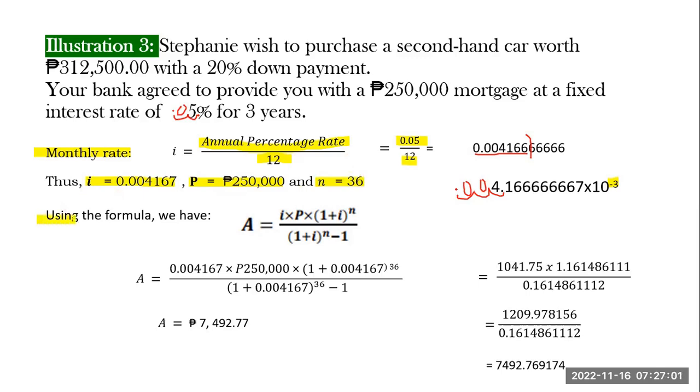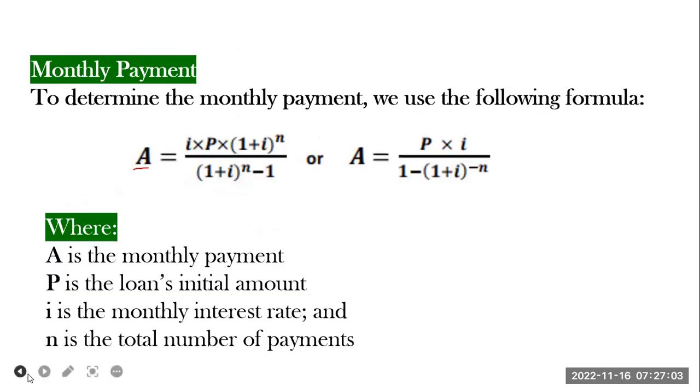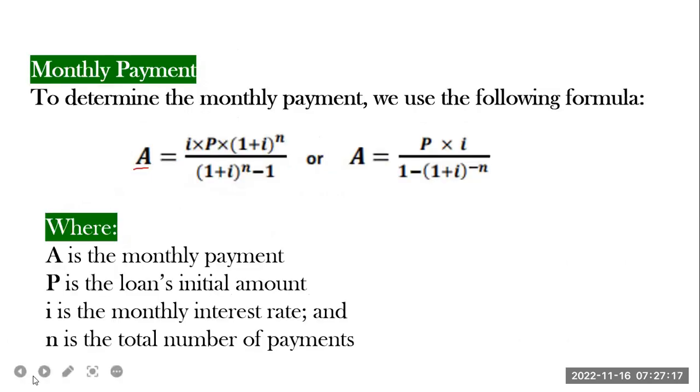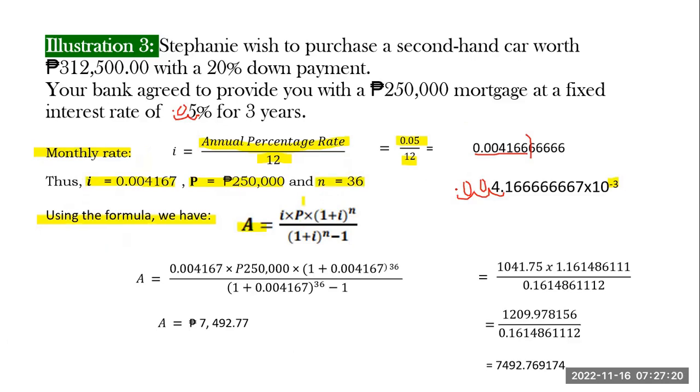Now, using the formula, so let's use this formula. Pwede rin naman to. Okay, A, that is for the monthly payment, and that is equal to I, which is 0.04167, times P, which is 250,000 pesos. Kahit hindi nyo nalagay yung peso sign doon. And then, the quantity, okay, parentheses, and then 1. 1 is constant.